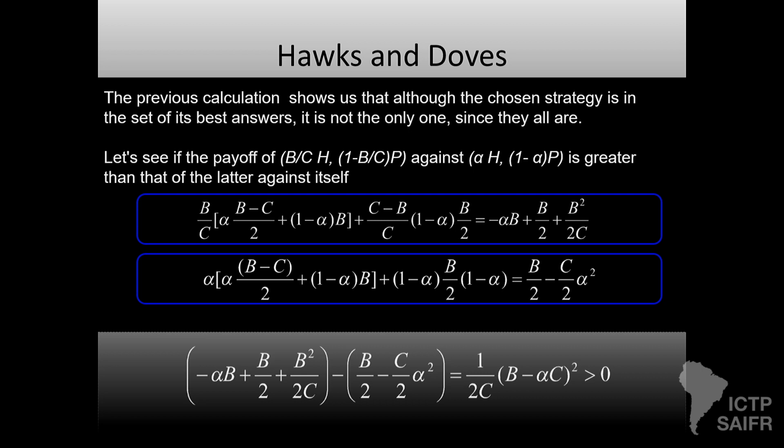This last calculation is telling us, as Rocio is mentioning, that the Nash equilibrium that we have found is also an evolutionary stable strategy, because the payoff of this strategy is higher than the payoff of any strategy against itself. So this completes the idea that the strategy that we have identified as a Nash equilibrium is not only a Nash equilibrium, but it's also an evolutionary stable strategy. Okay, yeah, that's right.